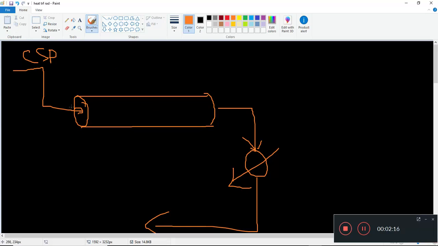When hot salt flows through a pipe, it's bound to lose some heat through conduction, convection, and radiation.